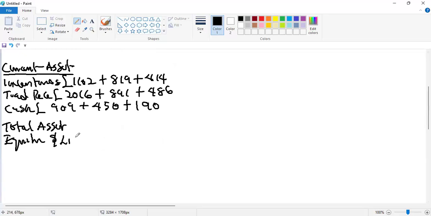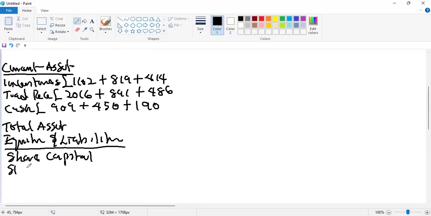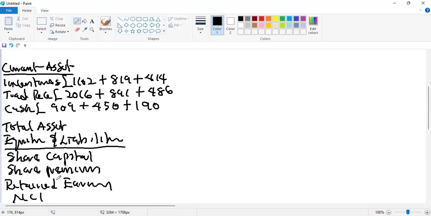Equity and liabilities. Share capital. Share premium. Retained earnings. NCI.